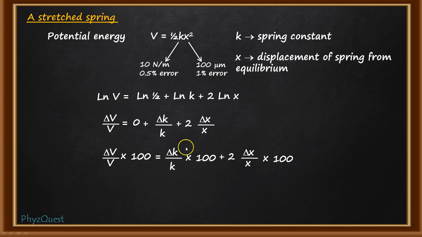We just have to put these values. Instead of delta k by k into 100 we put 0.5, and in place of delta x by x into 100 we put 1. So this will be equal to 0.5% plus 2 into 1%, which will ultimately give you 2.5%. So 2.5% is the percentage error in the estimation of the potential energy.